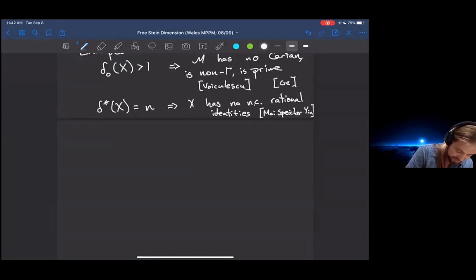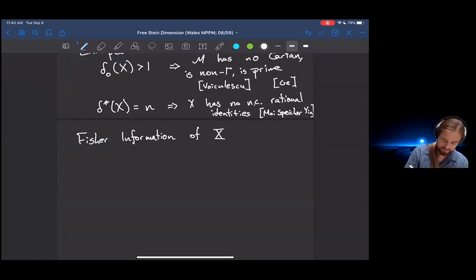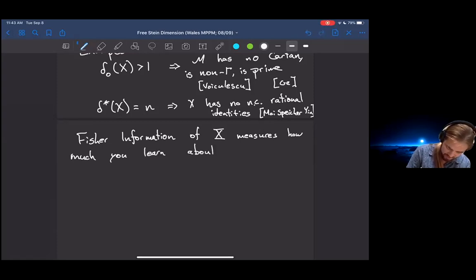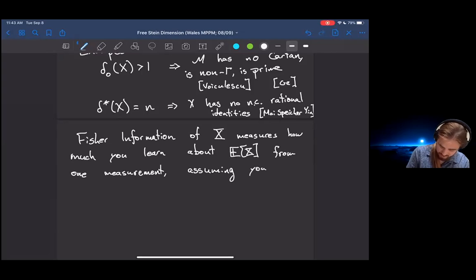Very roughly speaking, Fisher information of a variable, just an honest classical commutative random variable x, measures how much you learn about the mean of x from one measurement of x, assuming that you know the distribution of x minus its mean.